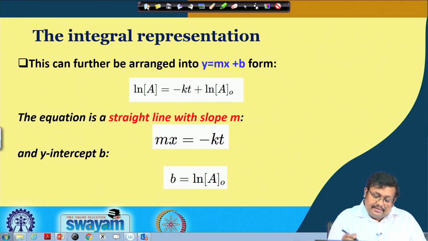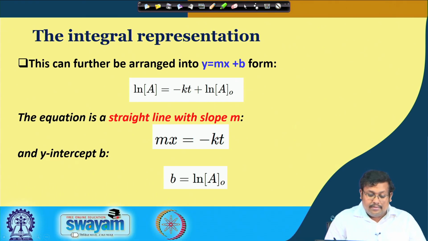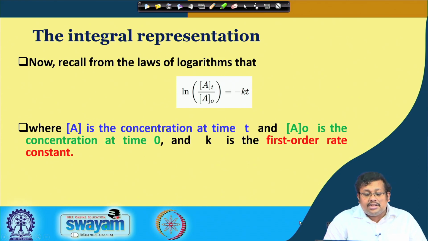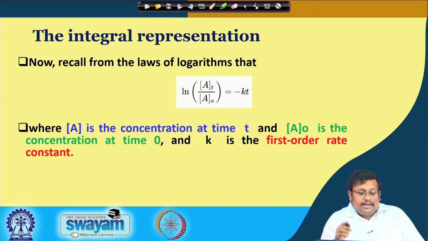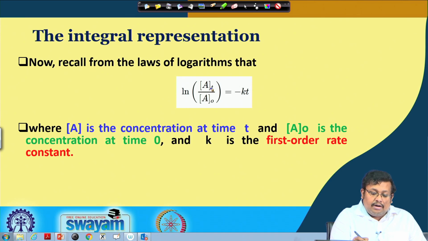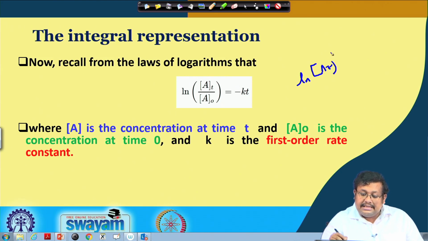Now, once we can describe this equation in the form of a straight line, recall from the logarithmic laws that logarithm of At by A0 equal to minus kT. So, we know here is logarithm of At, it was our equation, minus kT plus ln of A0.